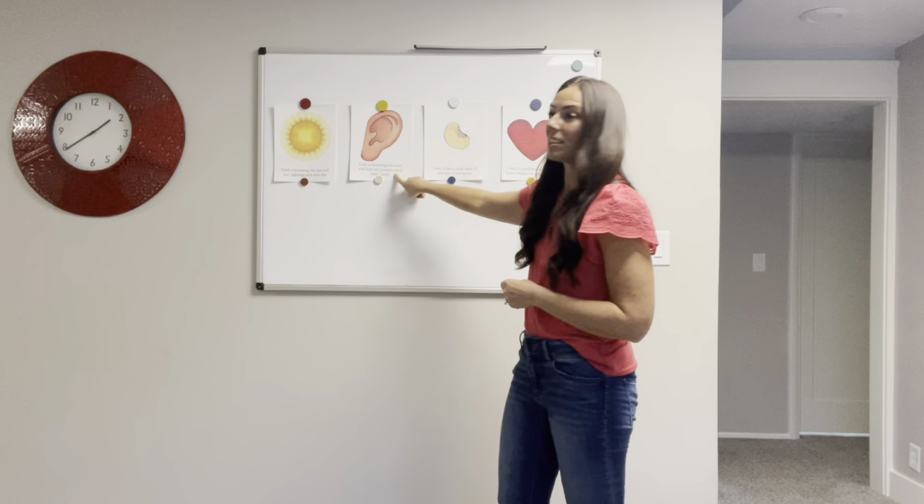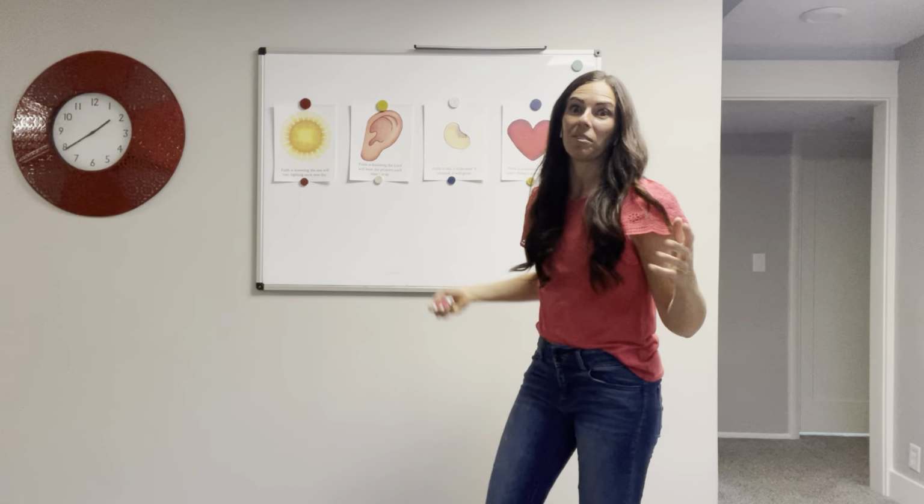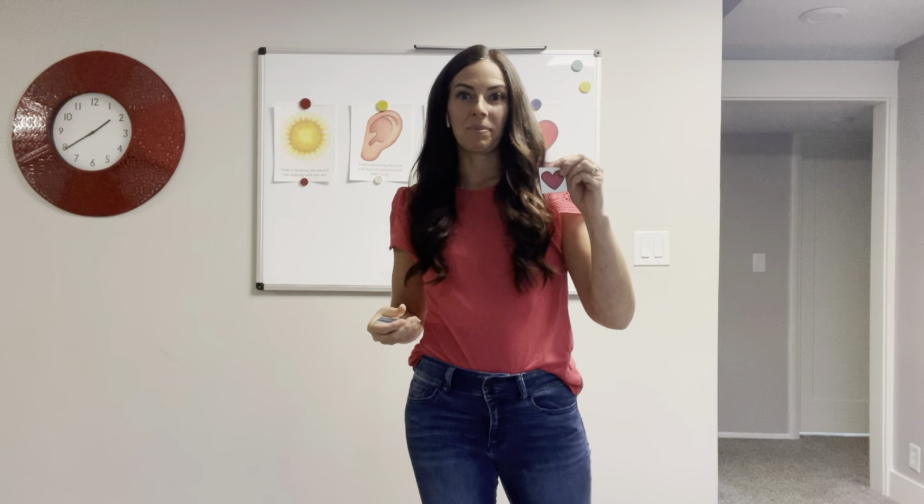Then you can repeat again until every child has had an opportunity to be in each corner. Then you can all come back in the middle, and you could even hold up a card and everyone will just sing that phrase. There's really a lot you can do, or just do that action.